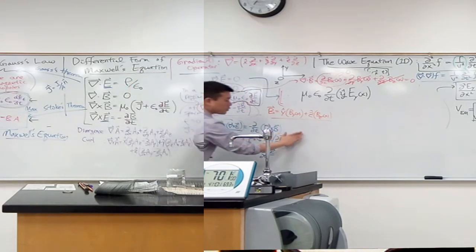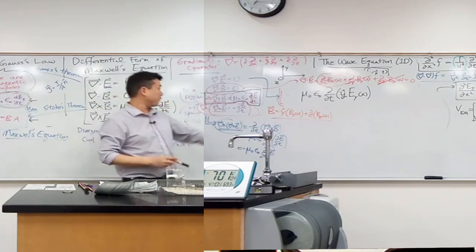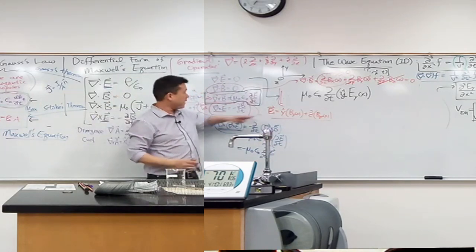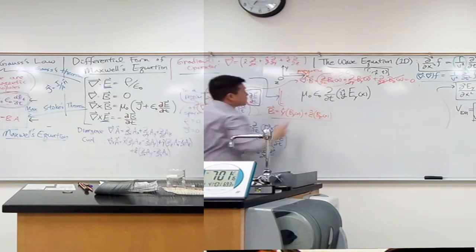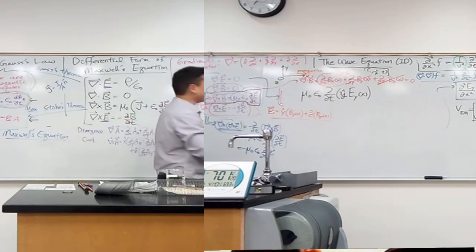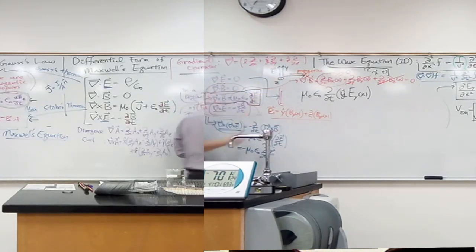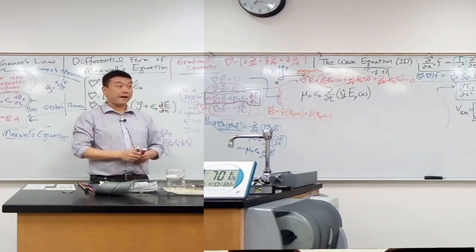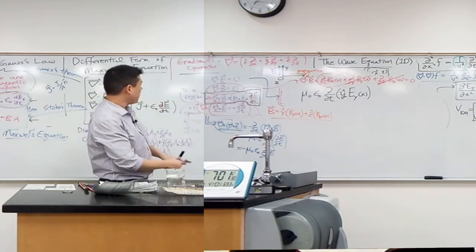And what I wanted to show here was the direction of the magnetic field, given that this is the propagation direction, the direction that the wave is moving in, and this is the direction of the electric field. I want to see what's going to be the direction of the magnetic field? So let's write it out.